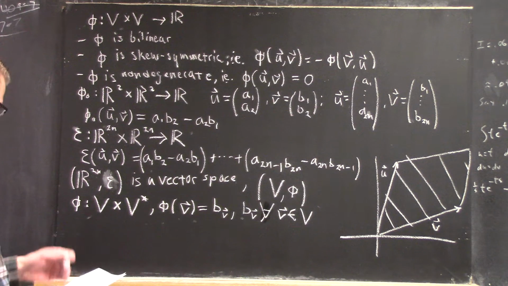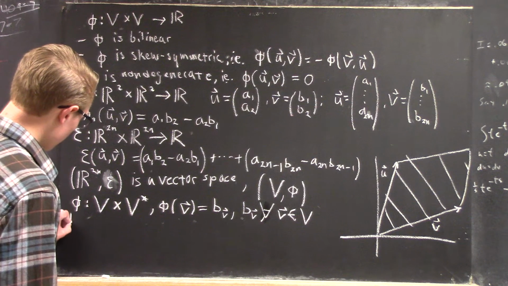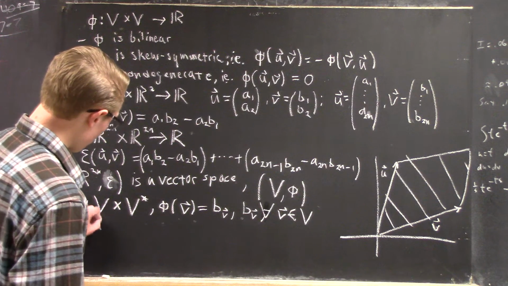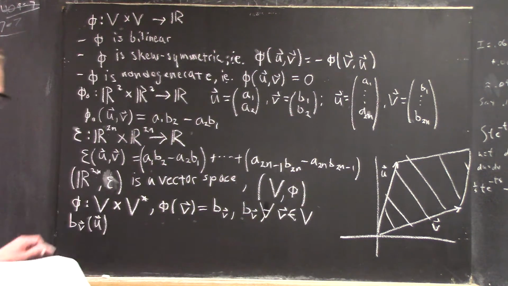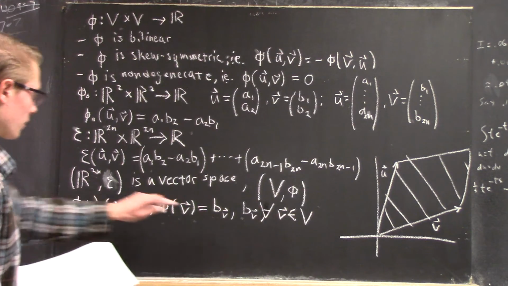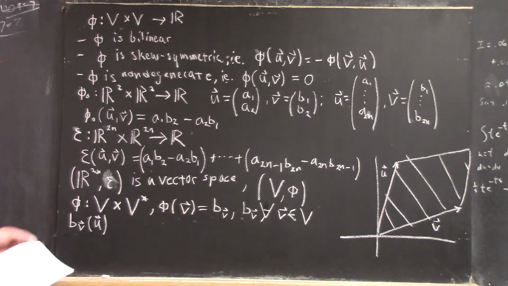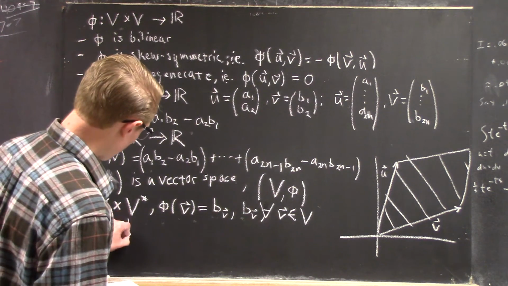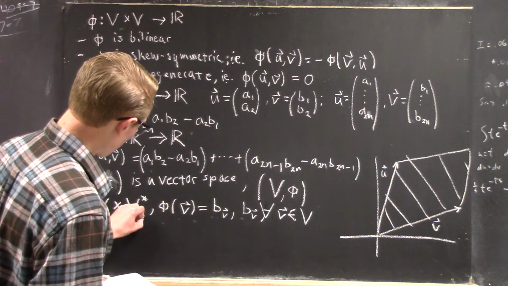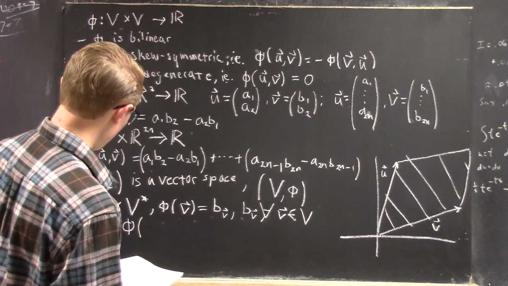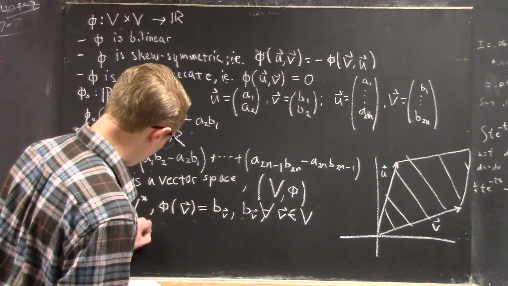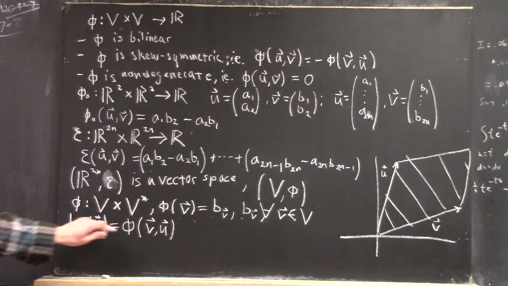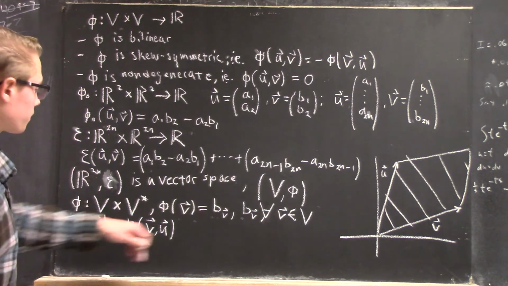And, of course, with it being a linear isomorphism, if we enacted this component acting as a transformation, it would be a linear isomorphism if the following here would be true: that this is in fact just phi of the vectors v and u.